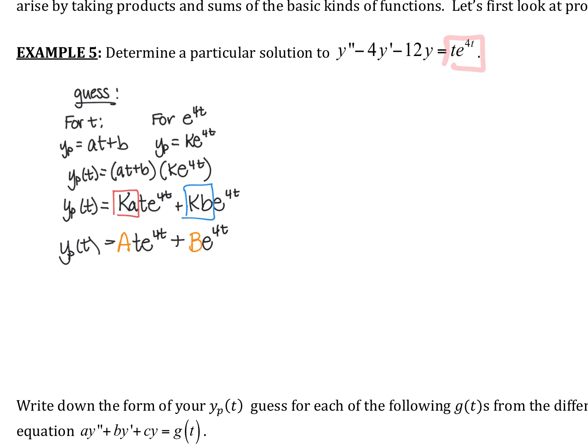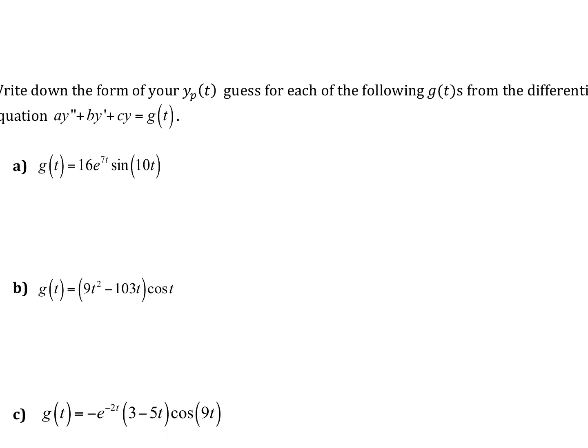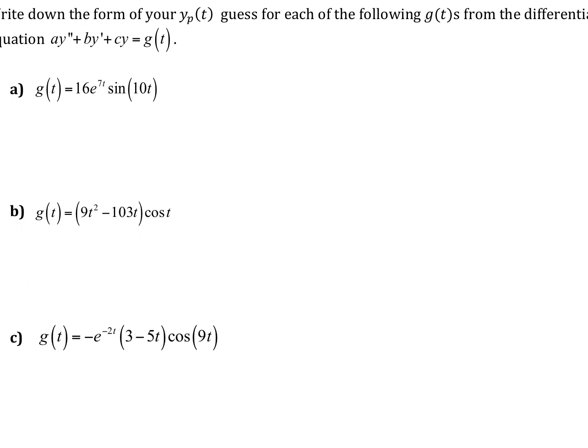There we go. That would be what we would guess at our particular solution, and then we would go through and solve. Okay, so here's what I want you to do. There are several examples down below, A, B, C, where we want to see or figure out what our guess might be for the particular solutions. So let's assume this is the homogeneous part.